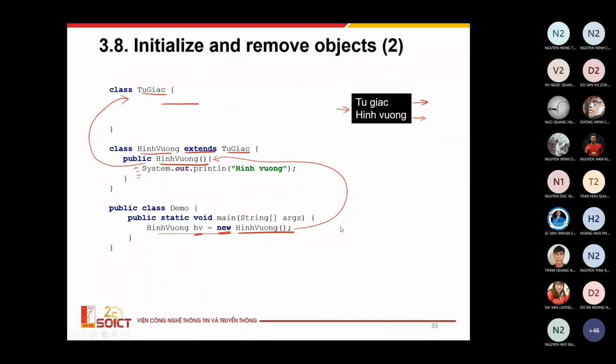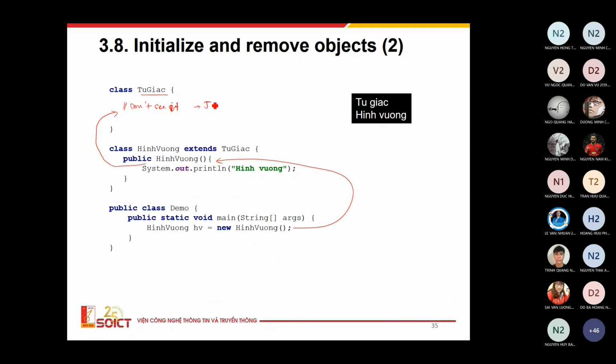So what happened if I remove the constructor of the tứ giác class? What do you think? What will be printed out? Again, it will call the constructor for hình vuông, and the first command calls the corresponding constructor from the tứ giác. And here you don't see it. Okay. So what will be printed out?